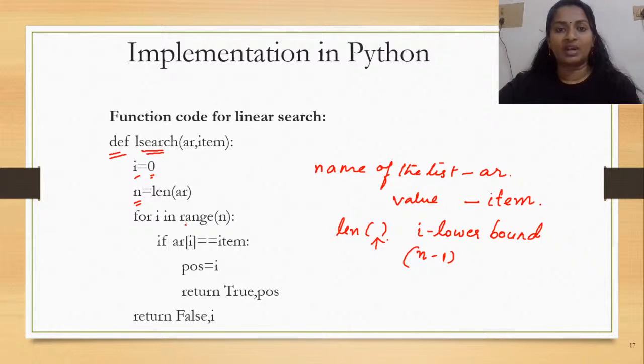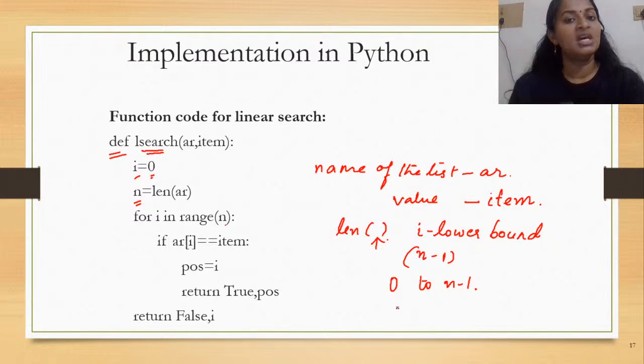So how do you write it? When writing a for loop, I would write for i in range of n. Now what does the range function do? The range function gives a series of values ranging from 0 to n minus 1 and not n. So n is not inclusive. It would be taking a value from 0 to n minus 1, right?